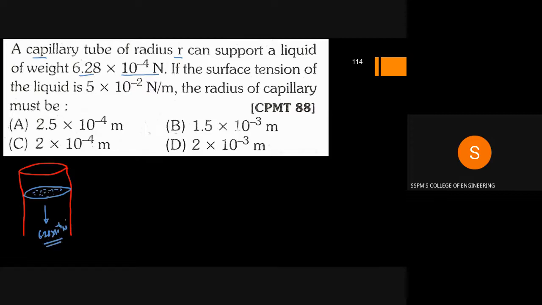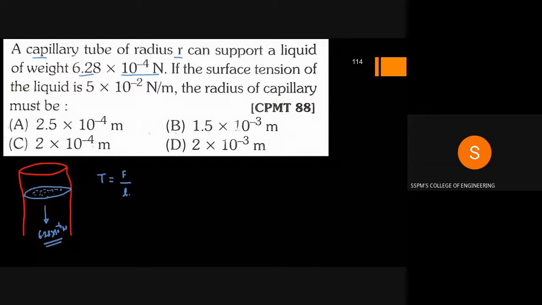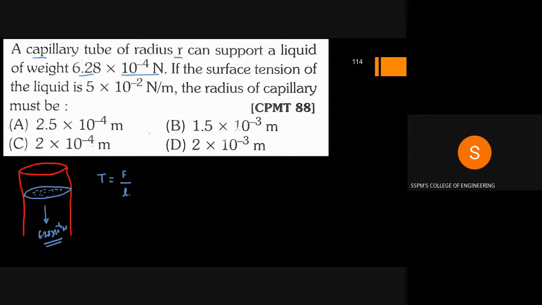So this weight is supported due to the surface tension force. So we can write surface tension is equal to force upon length. Now this length L is nothing but the perimeter of the capillary tube, so this is 2 pi r.